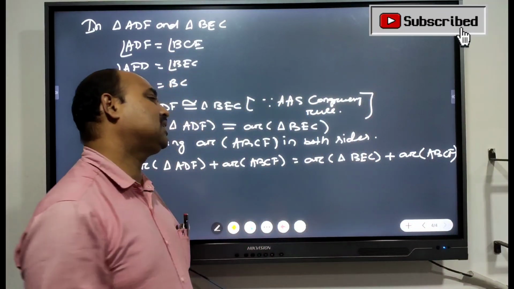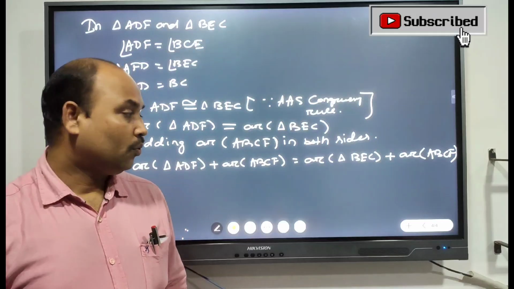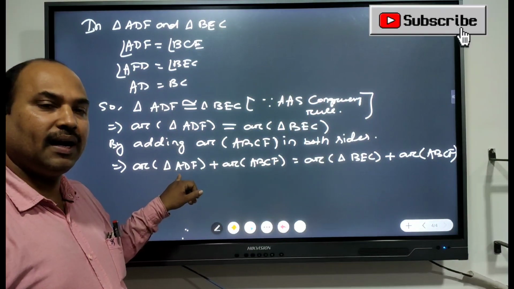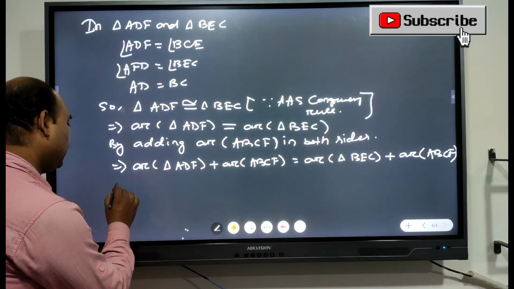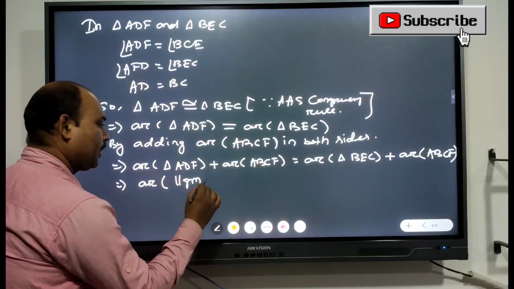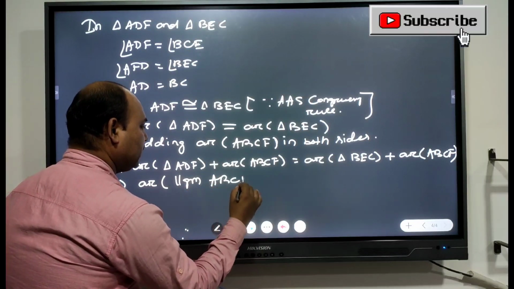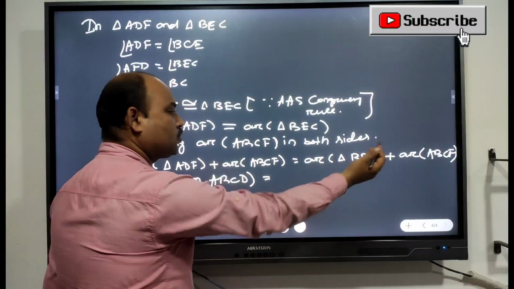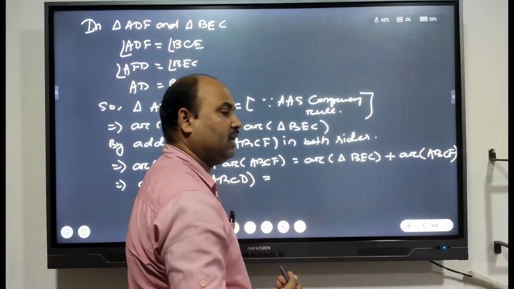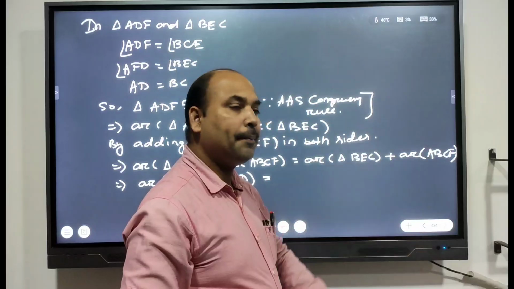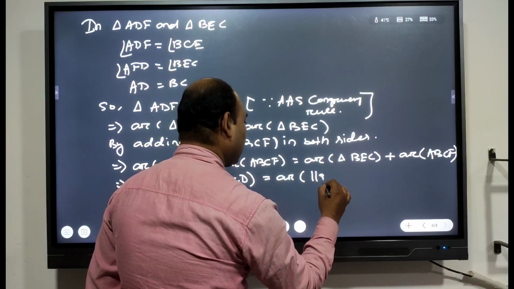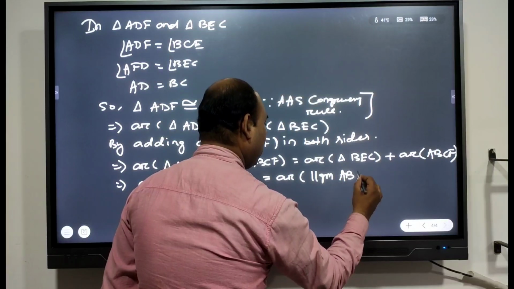On both sides the ABCF area is added. When we add ABCF to the area of triangle ADF, we get the area of parallelogram ABCD. Like that, when the area of triangle BEC and the area of quadrilateral ABCF are added, we get the area of parallelogram ABEF.